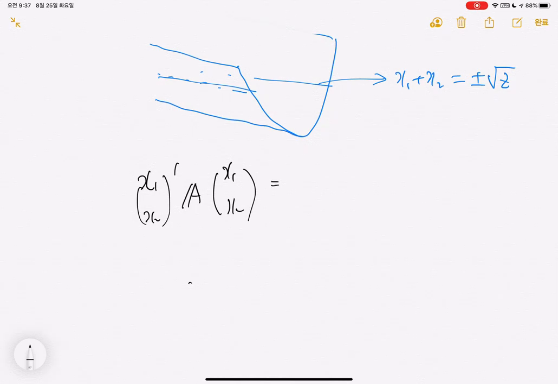An interesting feature of a positive definite matrix is you can do eigenvalue decomposition of A. So you can do this x1, x2 prime, and you have this matrix P, and you have this matrix lambda, and you have this matrix P prime, and x1, x2.